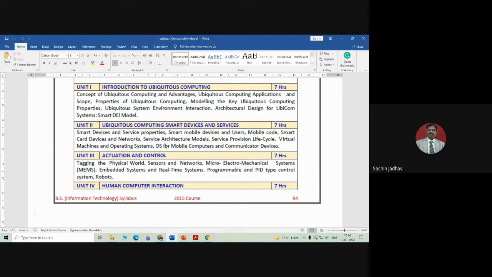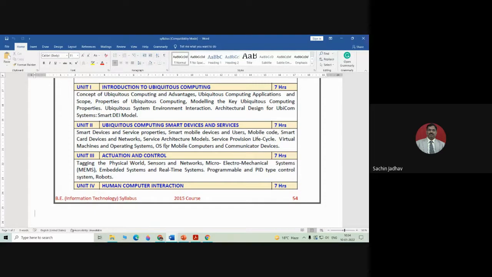From the perspective of the university syllabus and university exam, we have to understand the service provision life cycle: when a service is announced by the service providers, and some consumers of that service subscribe to it, right? So subscription and publication models, the subscriber and publisher model, or the consumer and producer problem, you know that concept.